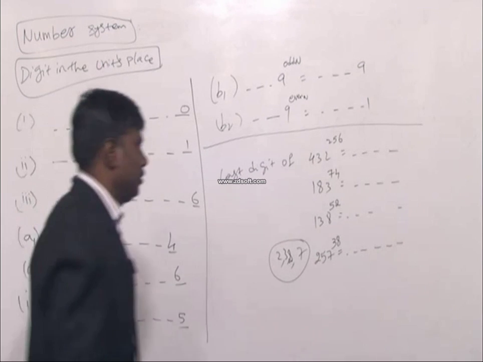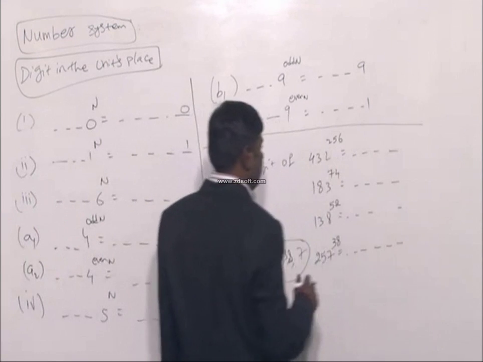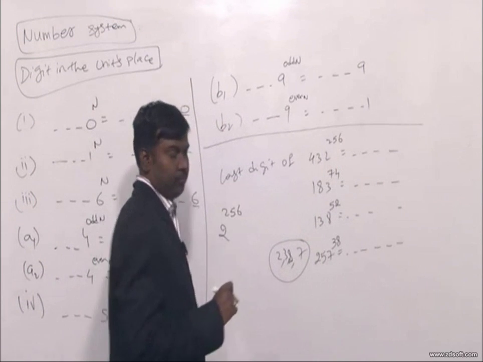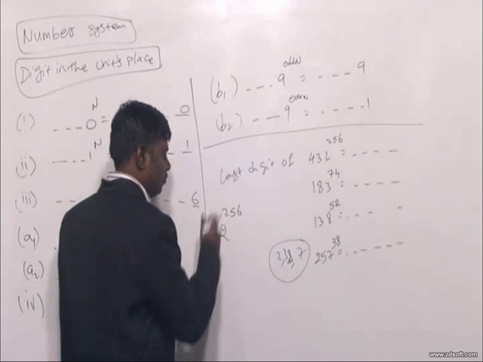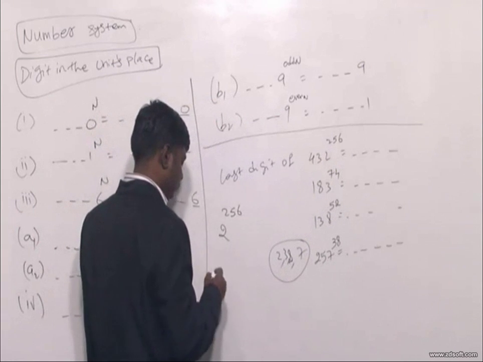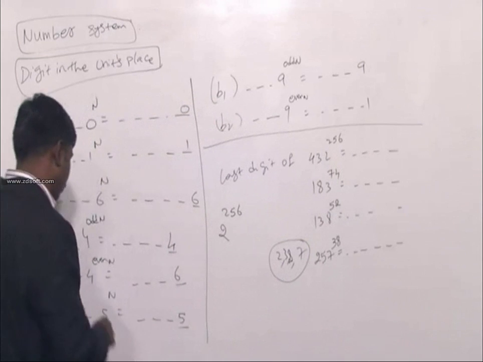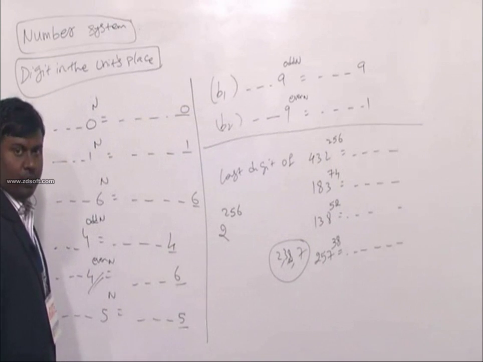Okay. Let us consider 432 power 256. So it is as good as considering 2 power 256, right? Why not take help of 4? 2 square is 4, right?